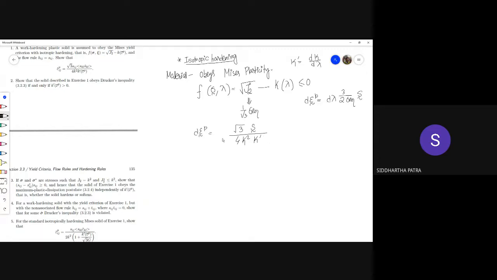Then you have this other quantity which shows in something called Macaulay bracket. Now what is the meaning of Macaulay bracket? This quantity equals 0 if x is less than 0, equals x otherwise.